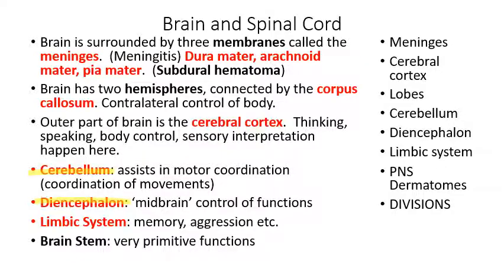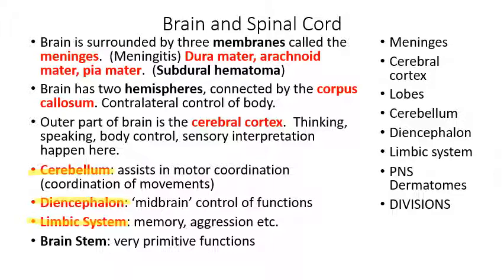And then if you go even deeper into the center of the cerebral cortex, like deeper into the medulla of the brain, you find two structures, the amygdala and the hippocampus, which are collectively referred to as the limbic system. The limbic system is responsible for consolidating and retrieving memories.